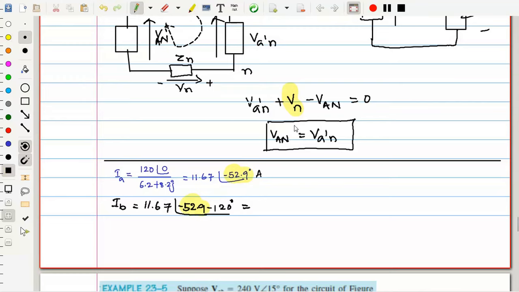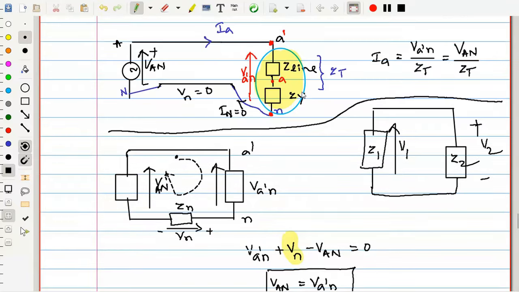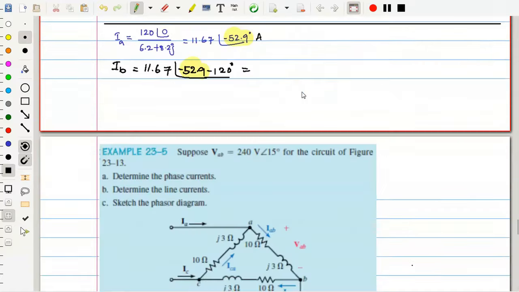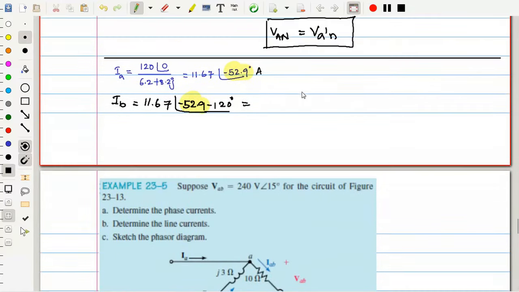You need not calculate all the things and take this KVL and prove that V capital BN is equal to VB dash N. All those things are not required. So similarly, this is 11.67 at an angle of how much? Minus 172.9 amperes. Similarly, IC is equal to 11.67 at an angle of minus 172.9 minus 120.